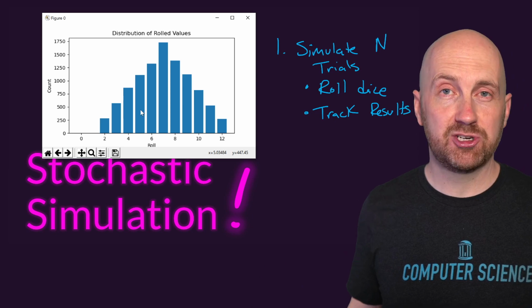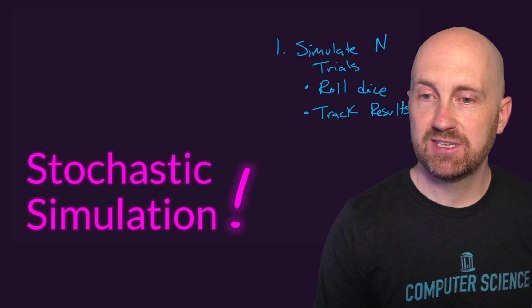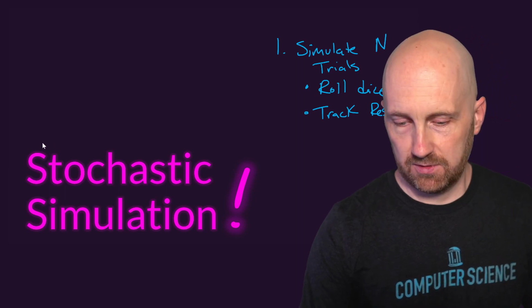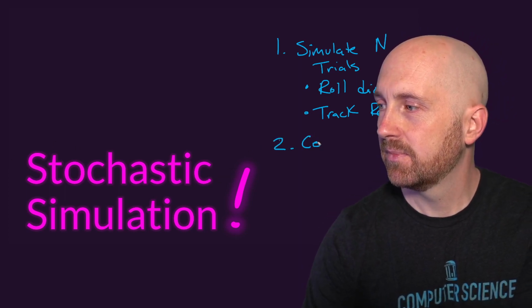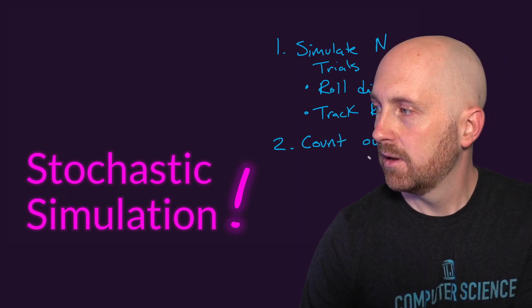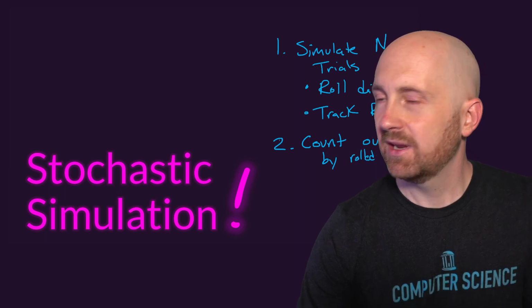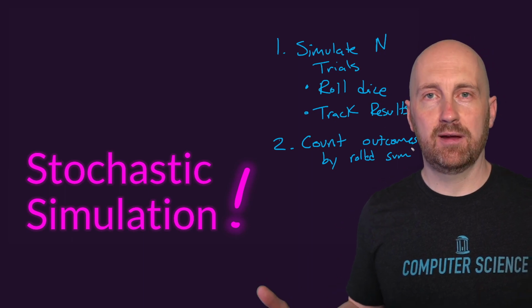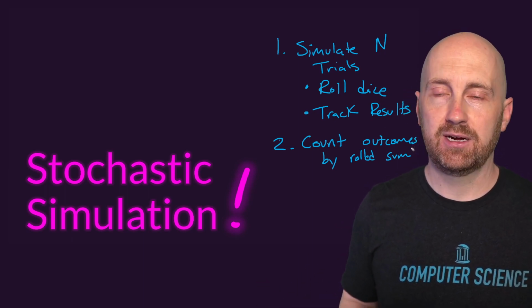Let's count one extra tally in the 2's position. Or let's count one extra tally in the 6's or 7's position. So we're going to need to count our results: count outcomes by rolled sum. We're going to need to do some counting and figure out how many times each of these events occurred in our n trials.